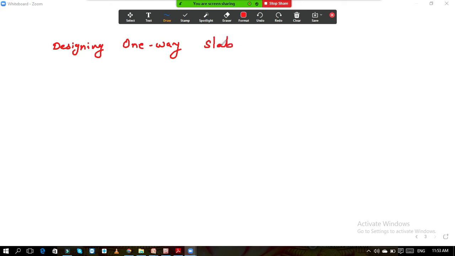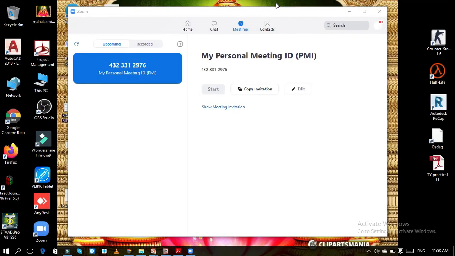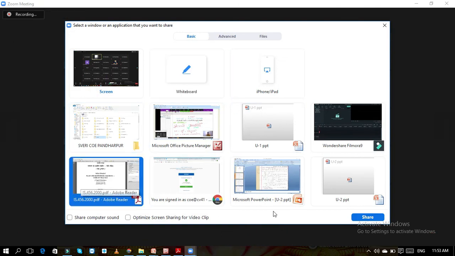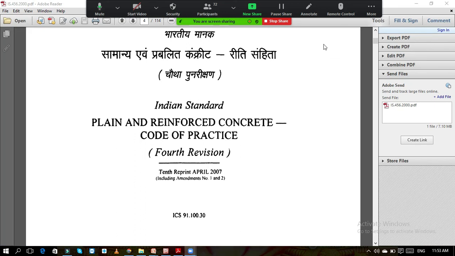So if you go to the IS code, now I will show you the IS code. We will move to the IS code first. Where is the IS code? This is the IS code. Okay.